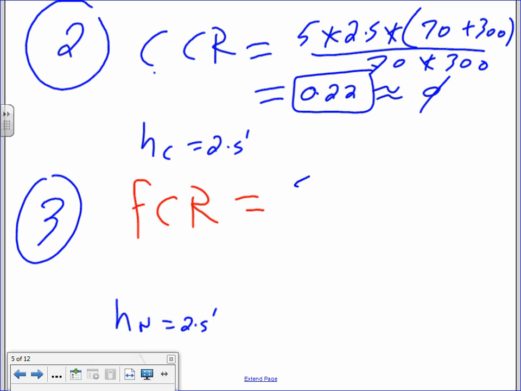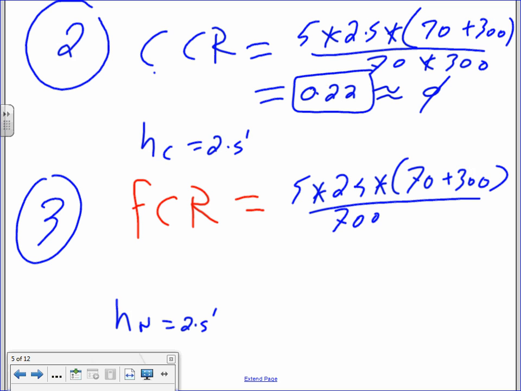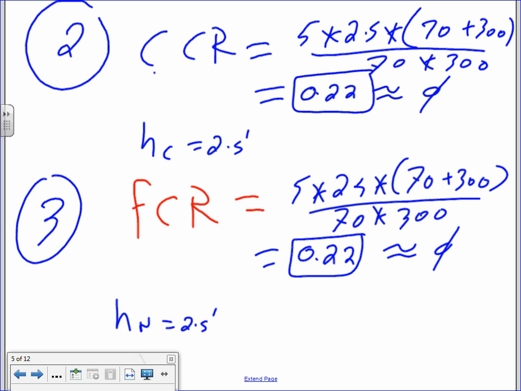You're going to find it's all the same: times 2.5 times 70 plus 300 divided by 70, not 700 yet, 70 times 300. All this will get you the same number, 0.22, which approximates to big fluffy zero. Same calculation, right? If the height is the same, guys, the answer has to be the same. Same formula. Okay.